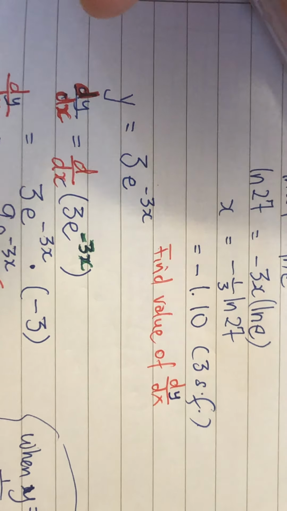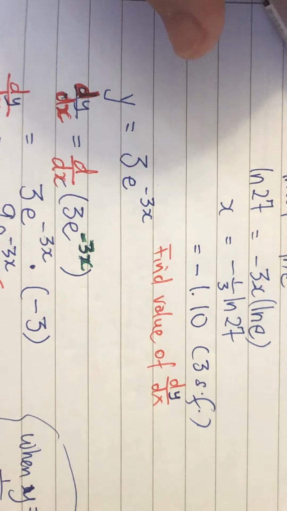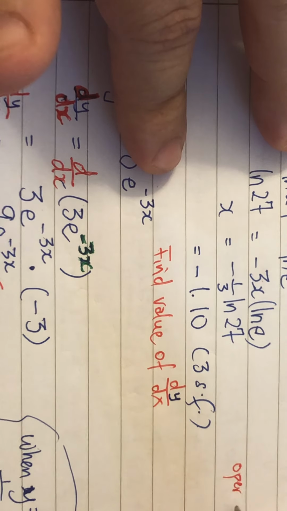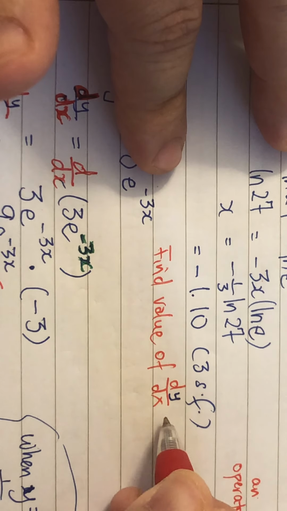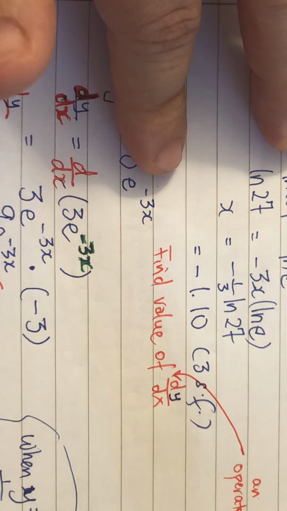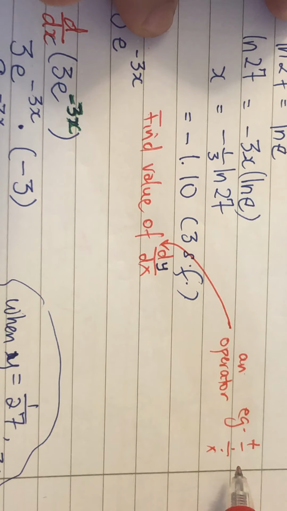What am I talking about? This d over dx, right, is an operator. What is an operator? Examples of operators are plus, minus, divide, times. All these are operators, okay?